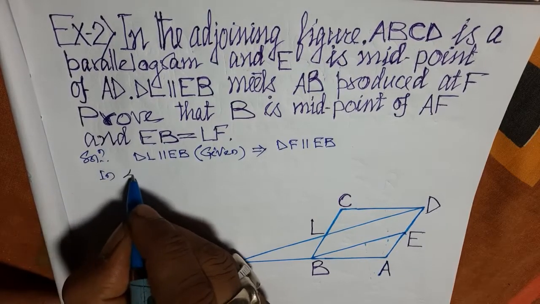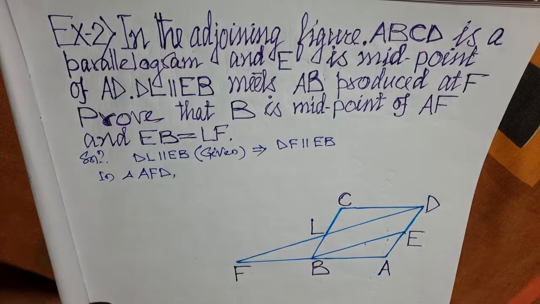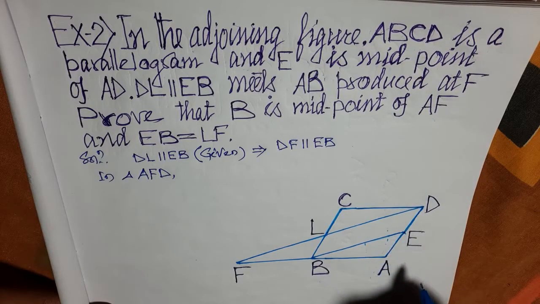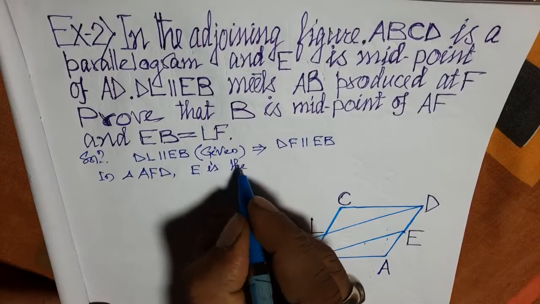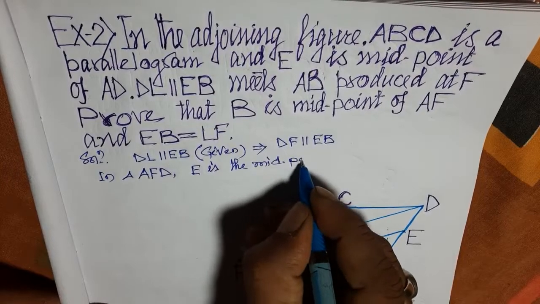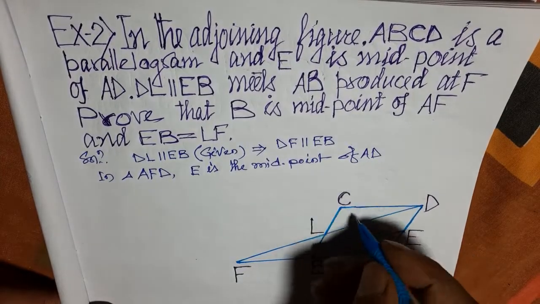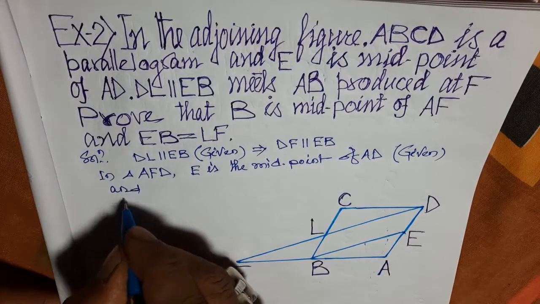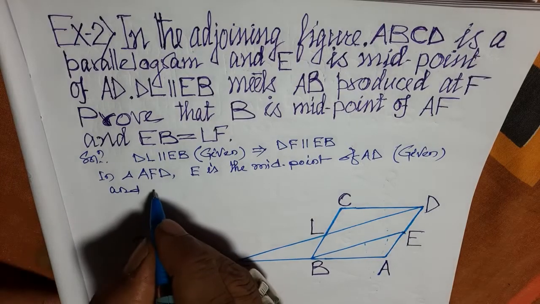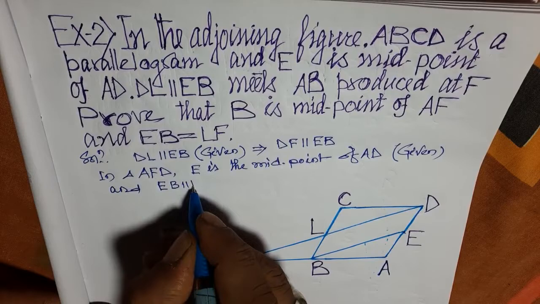In triangle AFD, E is the midpoint of AD, given, and EB is parallel to DF.